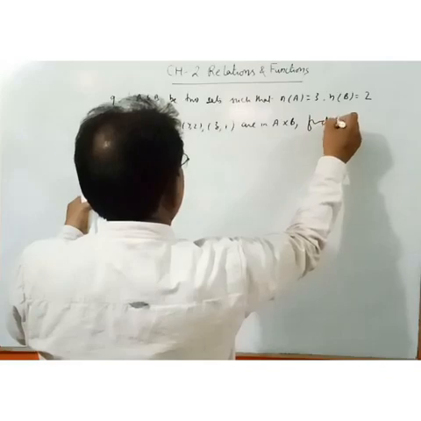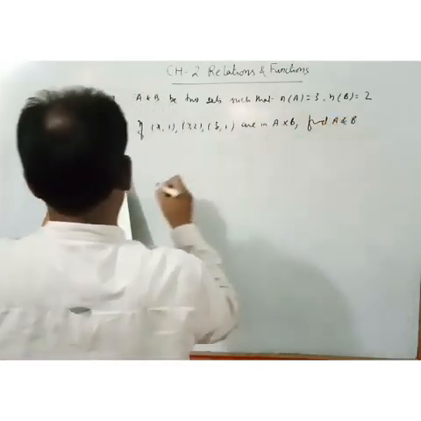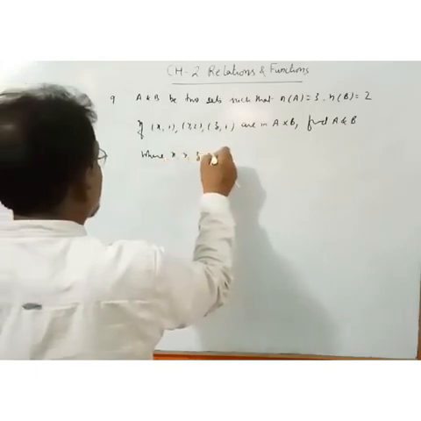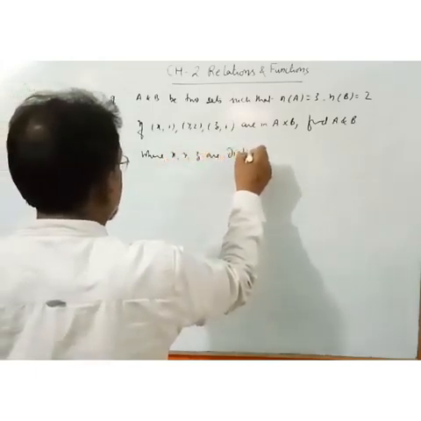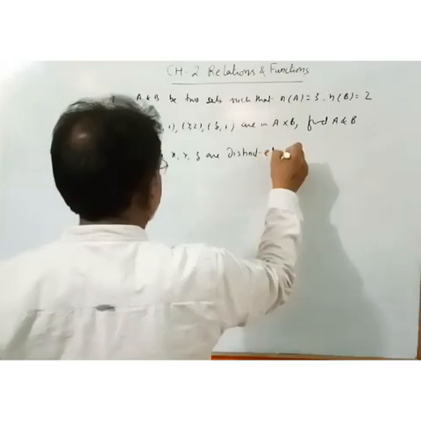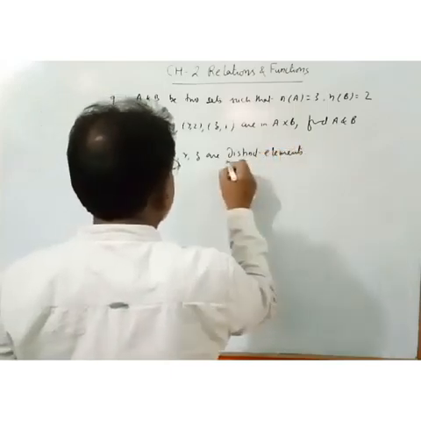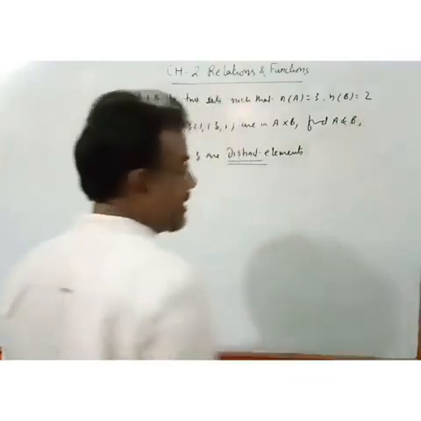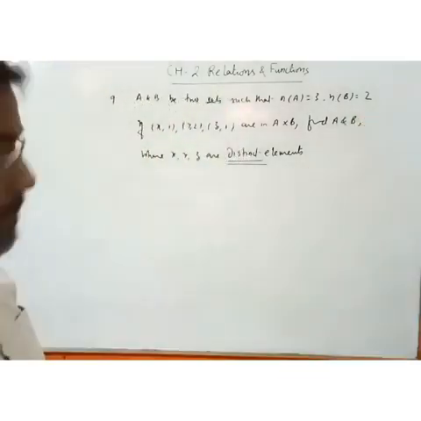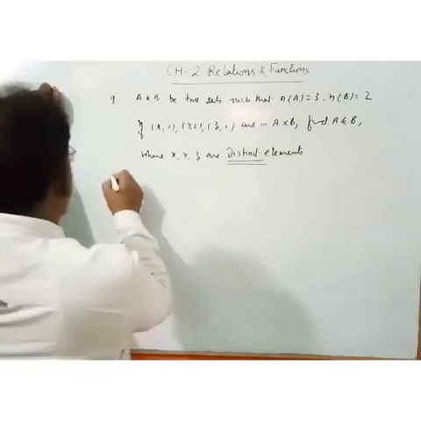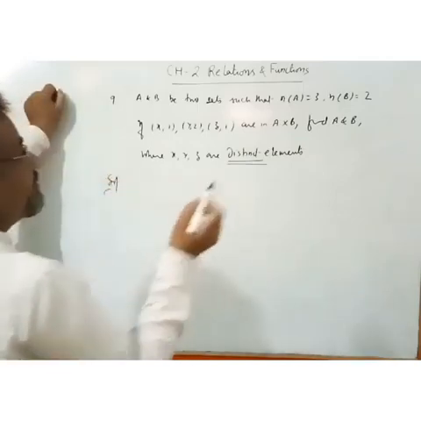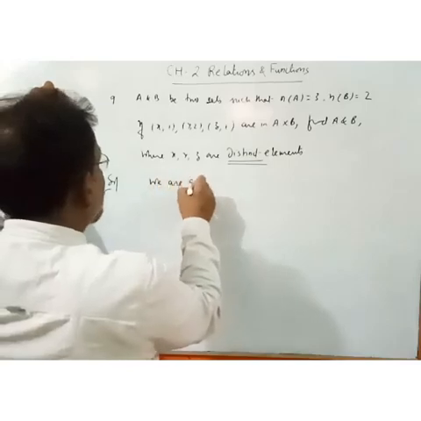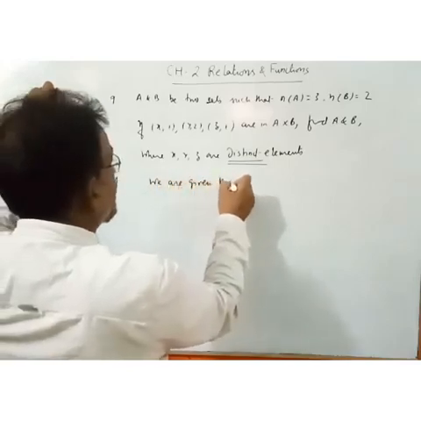If (x, 1), (y, 2), (z, 1) are in A cross B, find A and B, where x, y, z are distinct elements. Distinct elements मतलब they are different. They can never be the same.